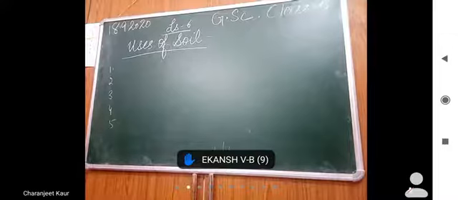Next comes, soil is made fertile because microorganisms are present in soil, right? So it is a house to many animals. Many animals live in soil, right?